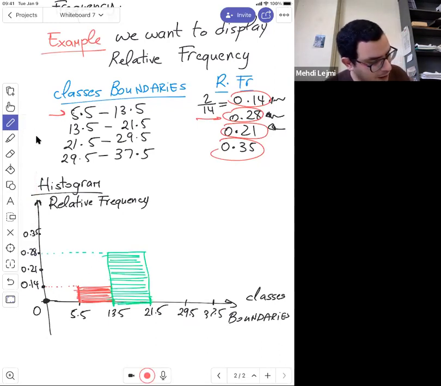Third class, the relative frequency is 0.21, so we go up to 0.21.